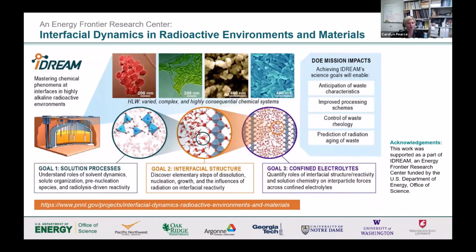So these low water environments that have been exposed to radiation for decades. And so based on that, there was a call for EFRCs, and we submitted a proposal that's led by PNNL, but has many partner institutions: Oak Ridge, Argonne, Georgia Tech, Notre Dame, University of Washington, and Washington State.